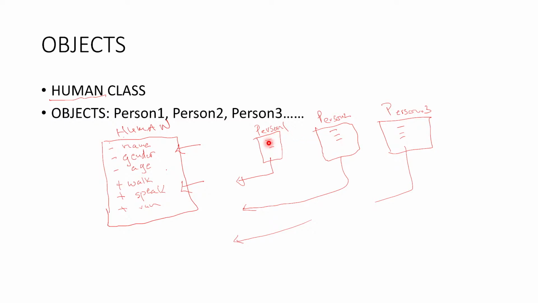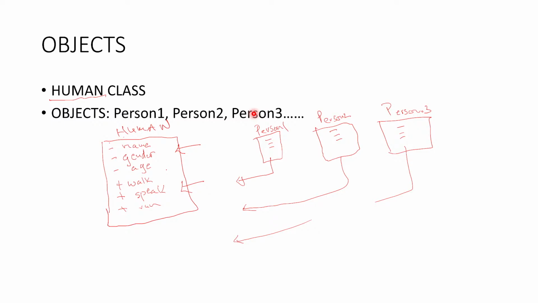And one object will not impact the other object. Each object is different, just the way one human being is different from another. They both have two eyes, and one person's eye does not affect the other person's eye. They are separate, and they are encapsulated in that one particular person.